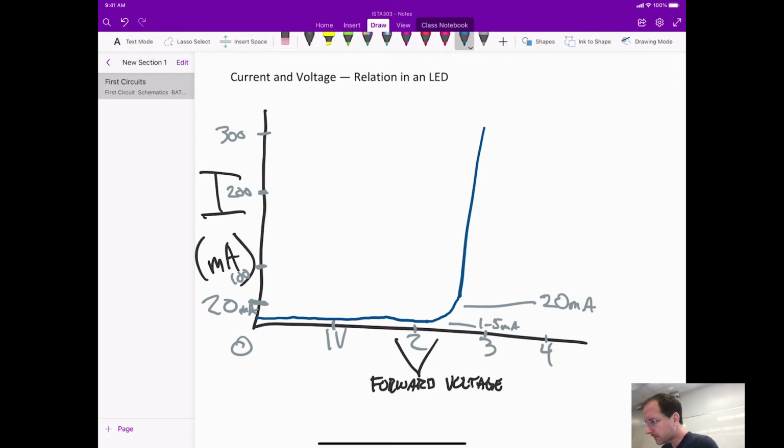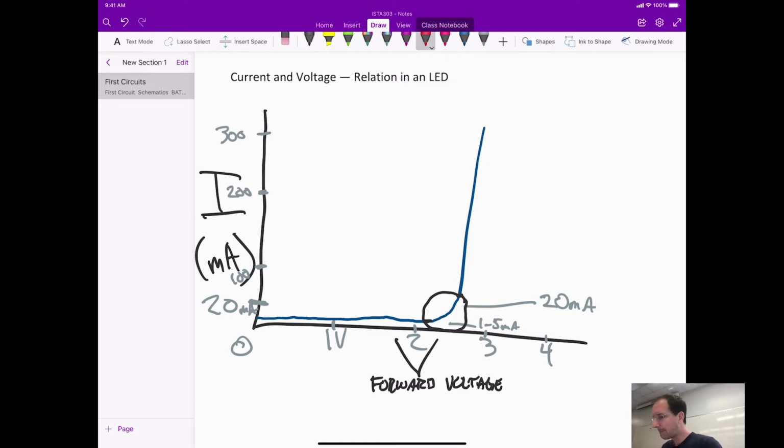And so what you can think of this as is that this bit here is the operating regime of the LED, where at the bottom side here it's starting to generate light, and at the top side here is where it's generating the maximum amount of light that it can safely generate.